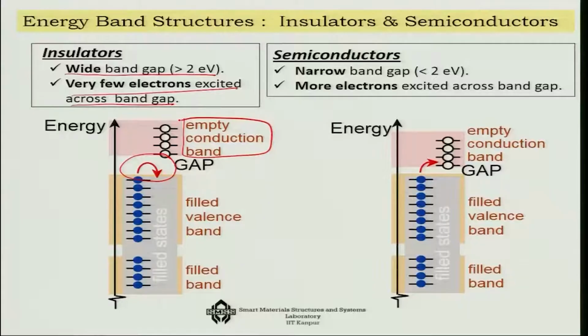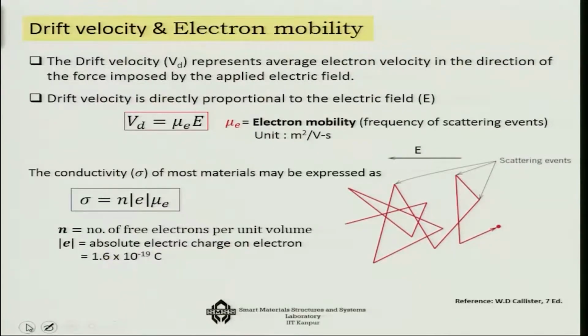On the other hand, if you consider the semiconductor material, then there is a narrow band gap less than 2 electron volt, and more electrons are excited across the band gap. So, more electrons can actually go from here to here, but if they go, then there will be a hole formation, so we will talk about it. That is the good part of the semiconductors.